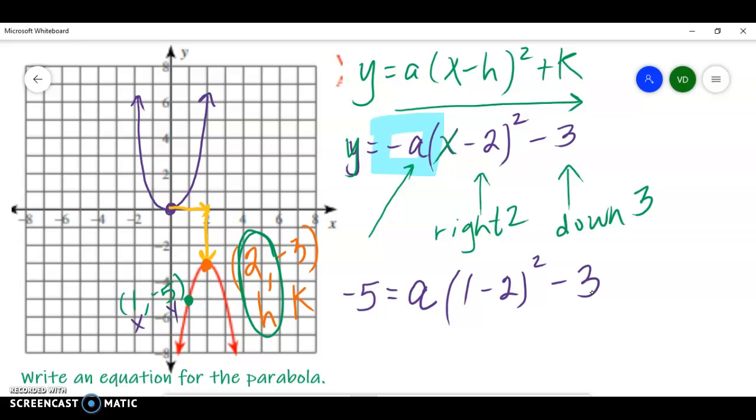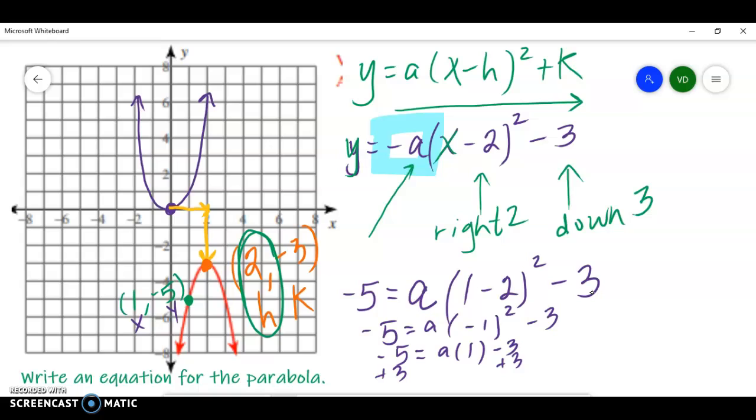So let's simplify. Inside parentheses, I am going to get a negative 1. So I'm going to say negative 5 is equal to A times negative 1 squared minus 3. Simplify further. I'm going to get A times negative 1 times a negative 1 becomes a positive 1, minus 3. So I'm going to add this 3 to both sides.